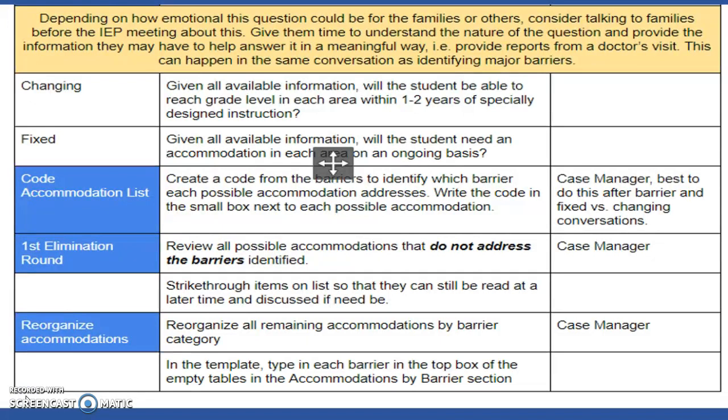Again, in determining, you want to consider if the need is fixed or changing. You want to consider what is the least restrictive option, and you want to be sure that you are focused on access rather than on a particular device or tool.